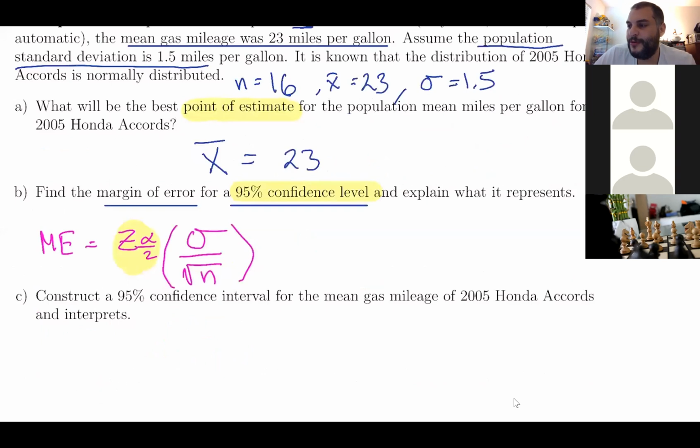Now I know this value over here is equal to 1.96.